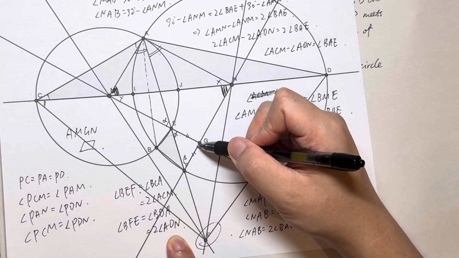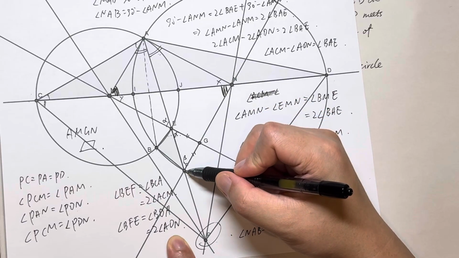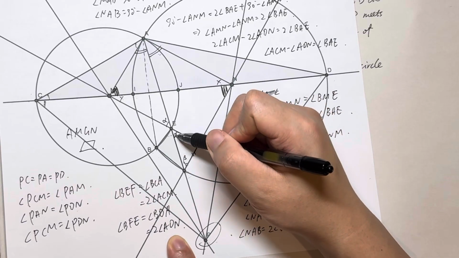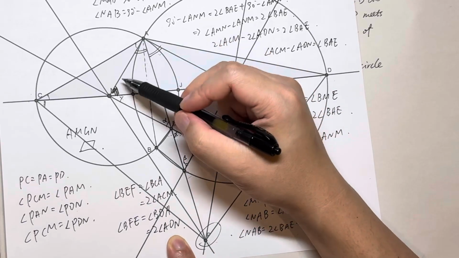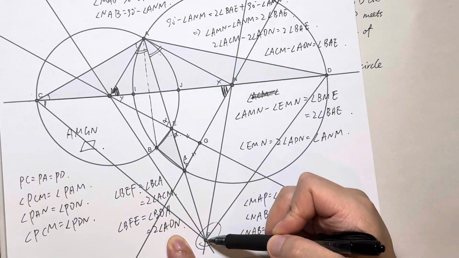And if we look at the angle EGF, we already know that these two angles are equal and they equal the angle MAP.